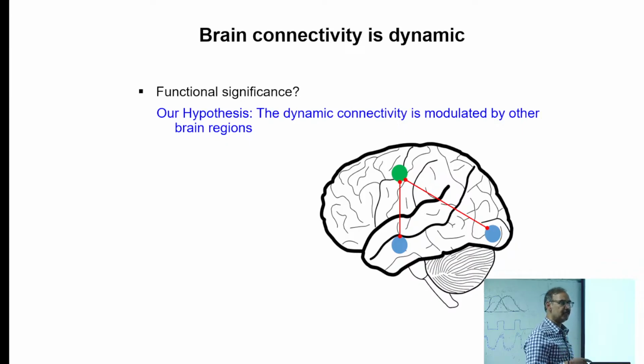Or could it be that there is a third region which is influencing the connectivity? So if there is dynamic connectivity between these two, could it be that there is a third region which is influencing the connectivity profile, right? So whether they have some functional significance.